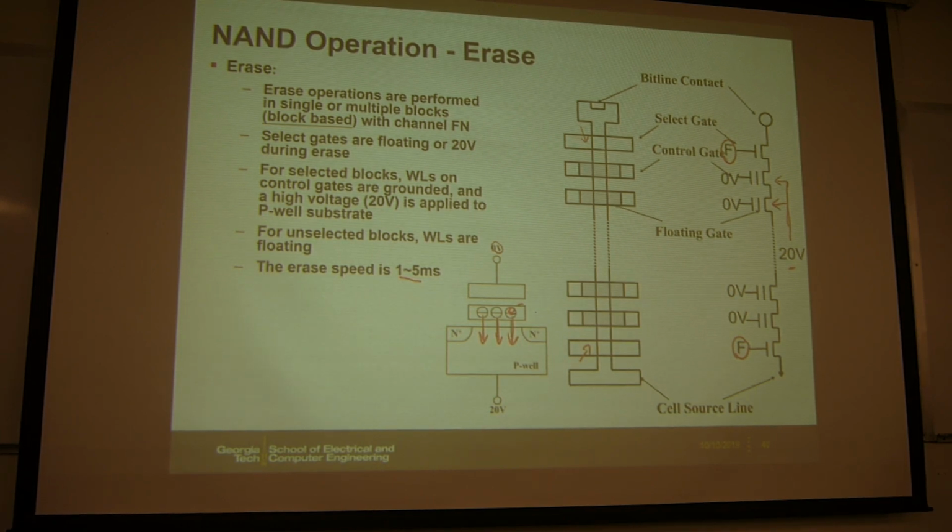It's just a regular CMOS transistor. It cannot sustain this 20 volts. So 20 volts is only for this floating gate transistor because you have this double gates and a very thick oxide, so you can have 20 volts. For those regular transistors, 20 volts of course will break down. So what you want to do is, if your substrate has 20 volts, this one either you have the same 20 volts or you float, then you don't have the actual voltage across that.